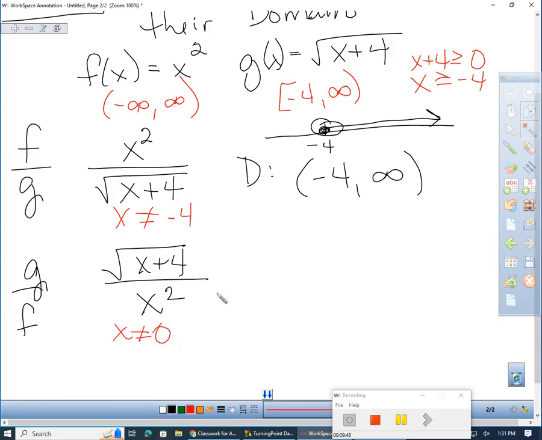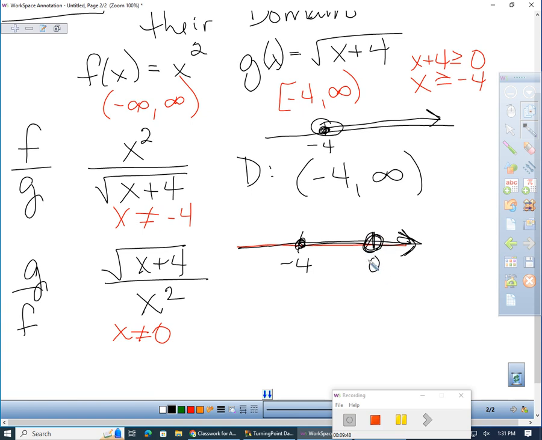So when I look at my domain, this one is fine, right? I'm looking at this one on my number line. Let me put it in black, sorry. On my number line at negative 4, it's a closed dot, and it goes this way. But I can't have 0. So here at 0, I have to have an open dot.